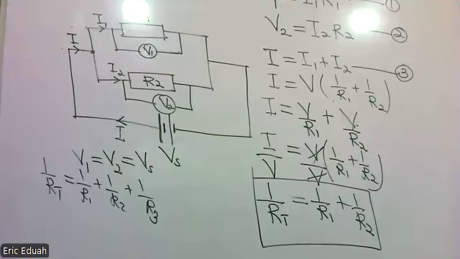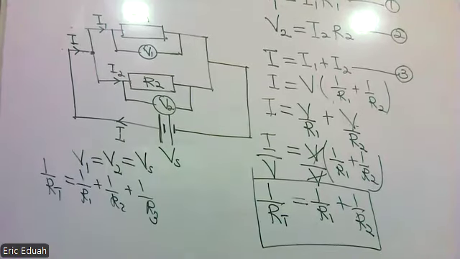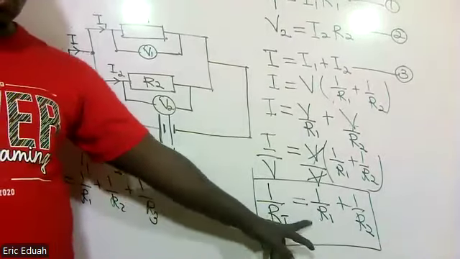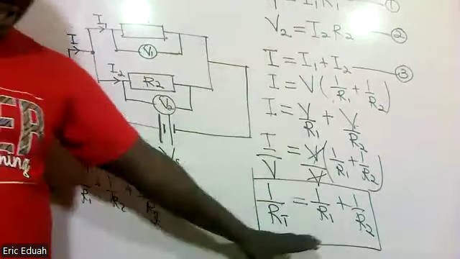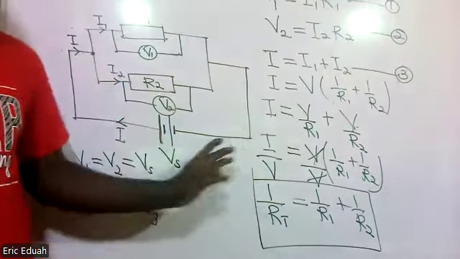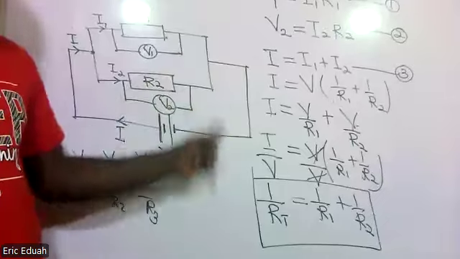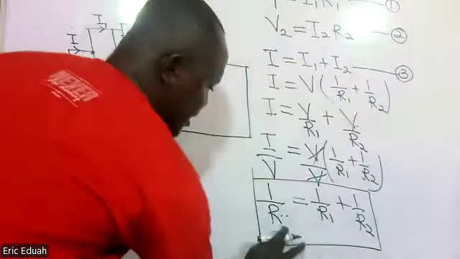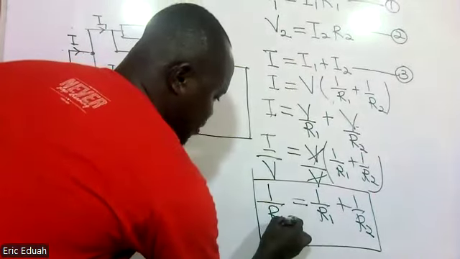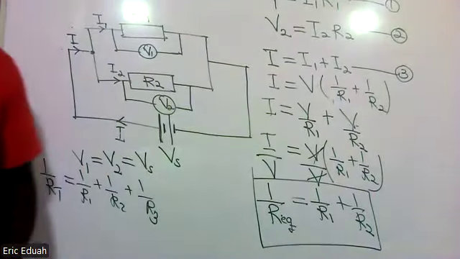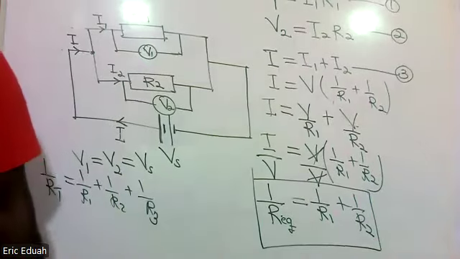So it means you must also understand how to prove this. If you are given 2 resistors connected in parallel, determine their total or equivalent, also known as R subscript EQ, or R effective.